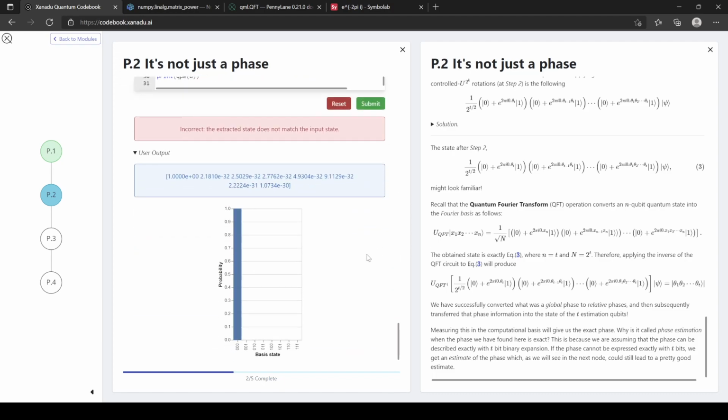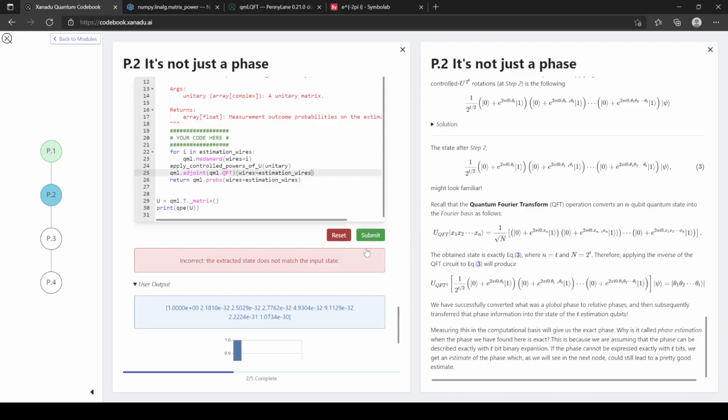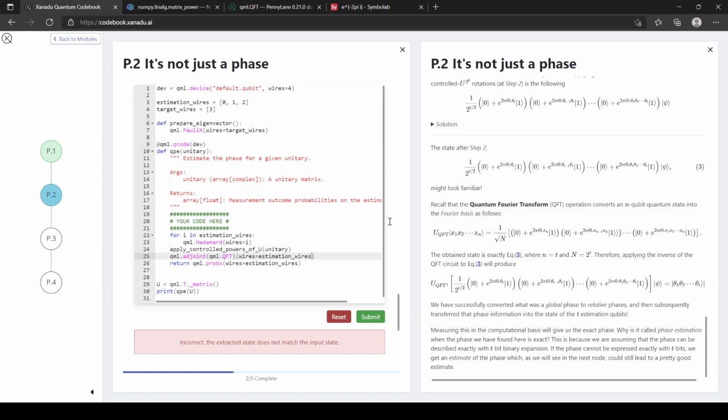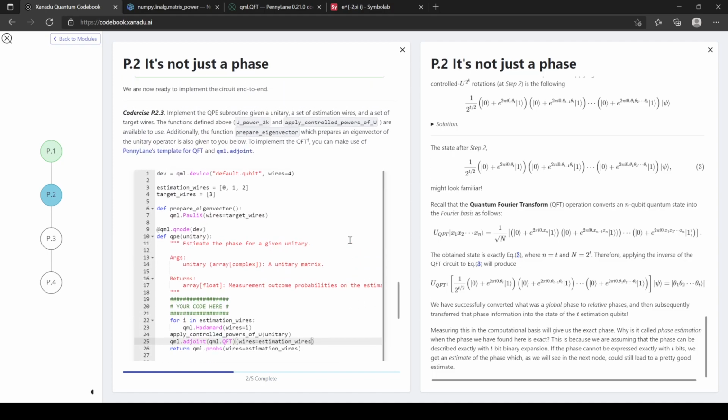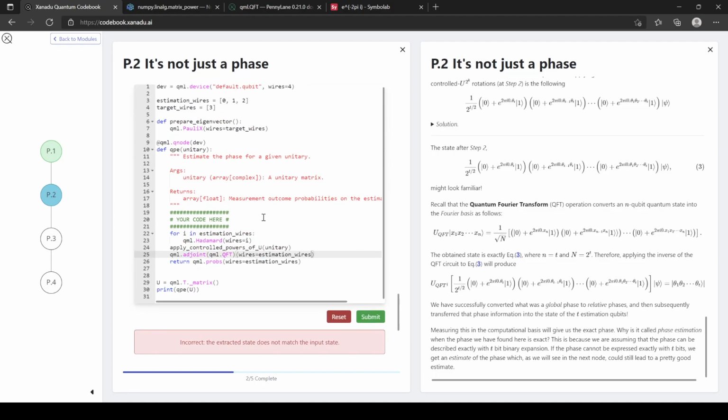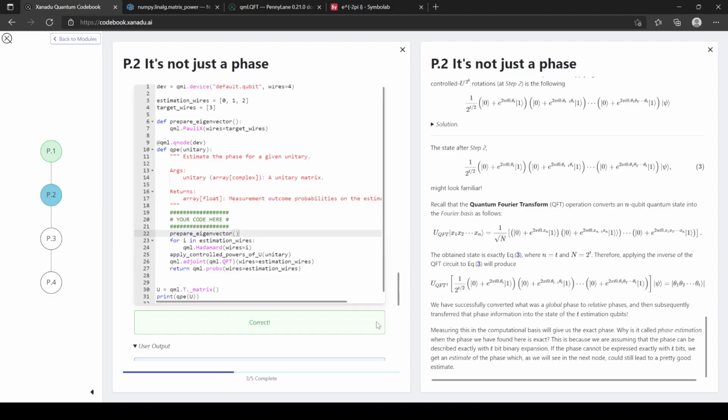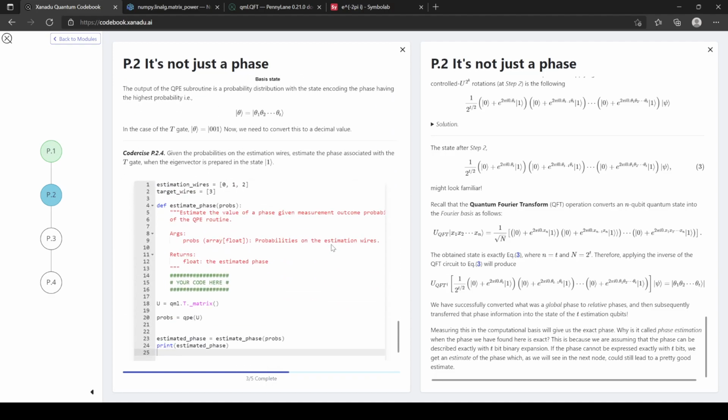Oh, and it's not right. All right. Oh, I need to actually do prepare eigenvector. Oopsies, forgot prepare eigenvector. There we go. What do you know?